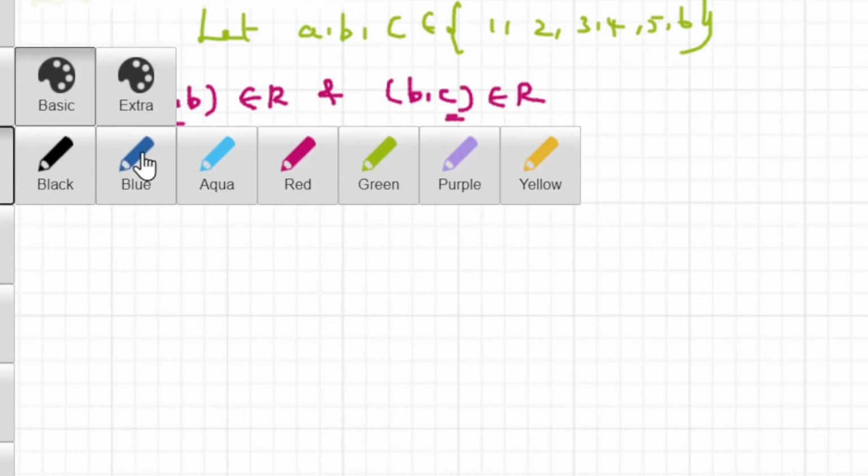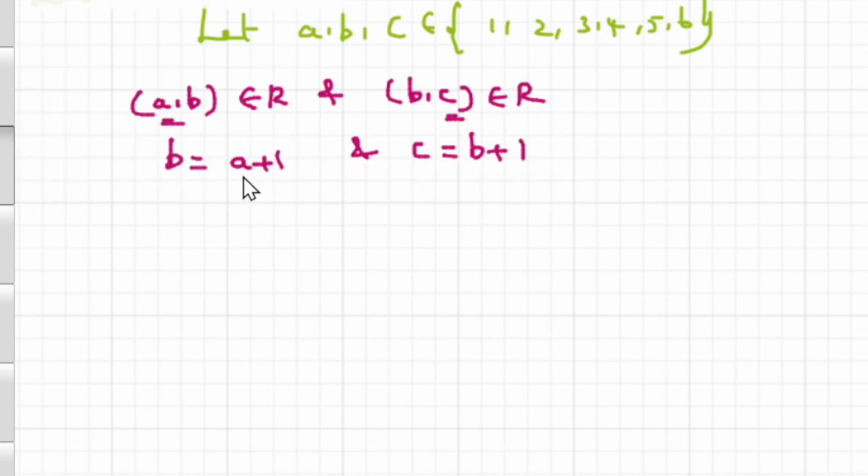Now, in the place of B we can replace A plus 1. So C is A plus 1 plus 1, which is A plus 2.